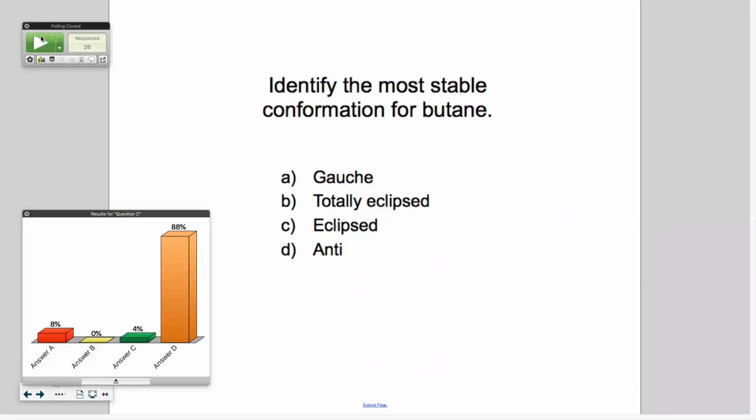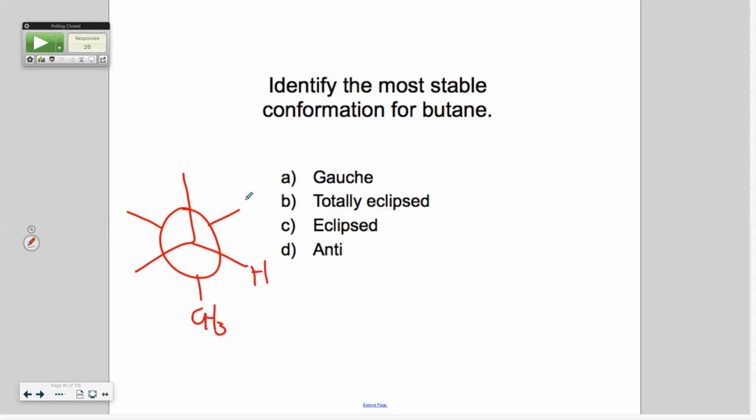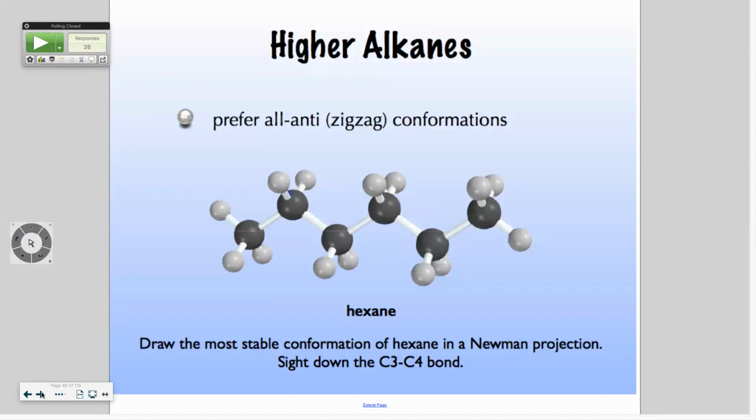Okay. Woohoo! It's anti, right? Anti is going to be the most stable conformation. That's this one, where the groups are as far apart from each other as possible. Okay? Should I put that question on the test?